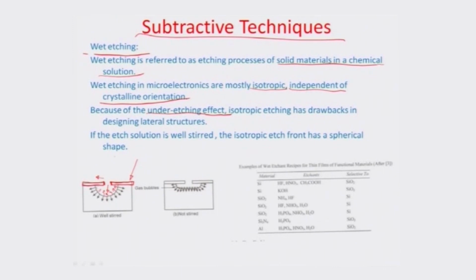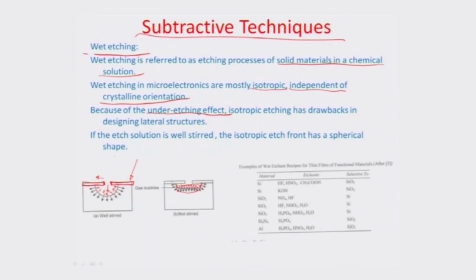However, if you do not stir the solution well, the atoms which come out from the surface are not able to dissolve properly in the etchant solution, thereby creating a situation where, because of this high density near one zone, there may be diffusional restrictions and the etchant may not be able to etch in a particular manner, whereas other materials which are etched from, let us say, these sides may have a greater etch rate, resulting in a directional etch rate.